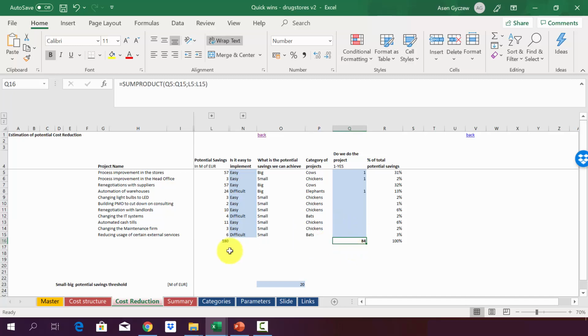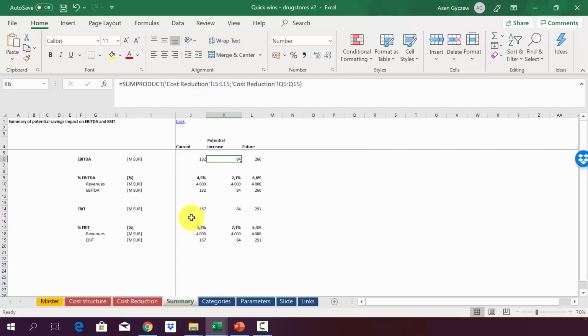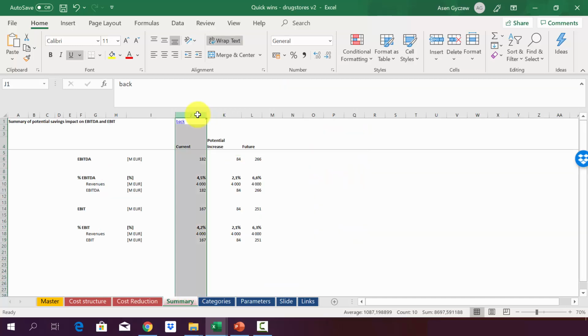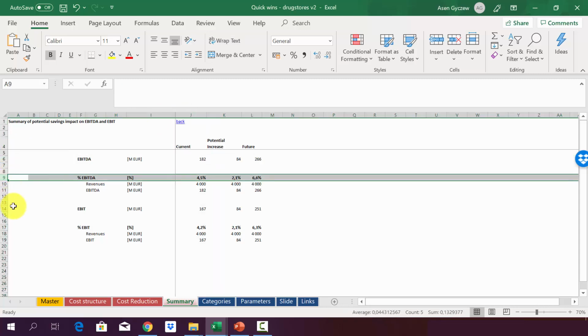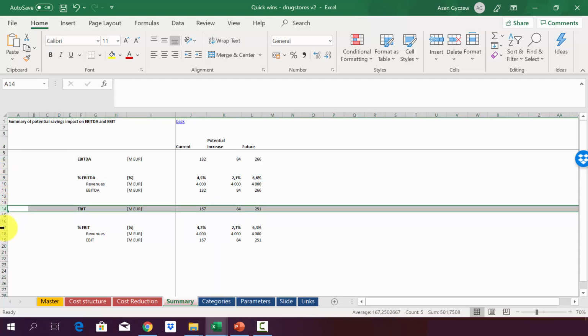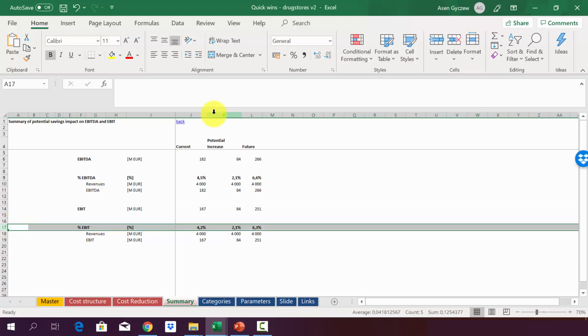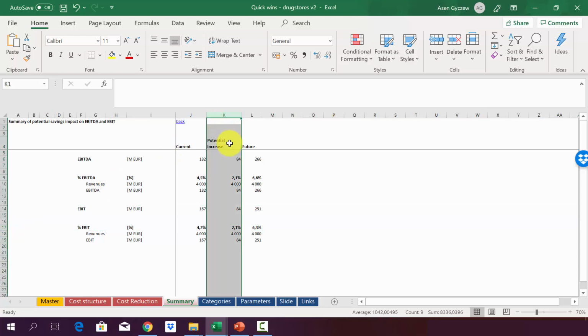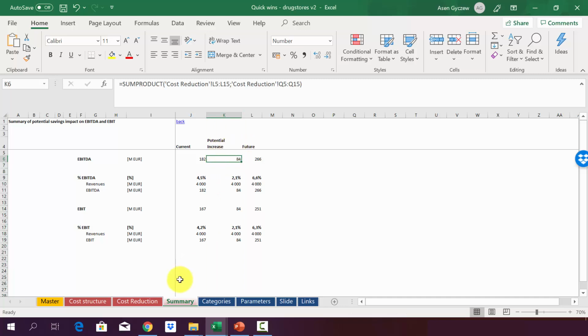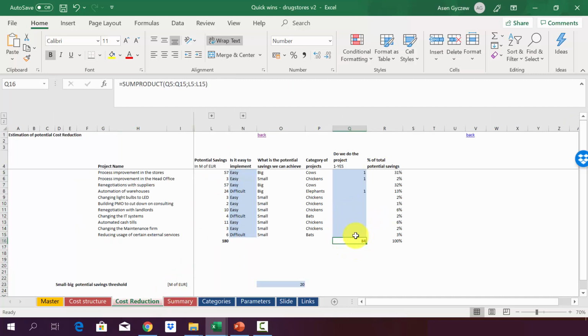And now let's have a look at what would be the impact on EBITDA, and this we have estimated in the sheet summary. In column J, we've got the current level of the values, so EBITDA, percentage EBITDA, and also EBIT, as well as EBIT expressed as a percentage of revenue. In column K, we've got the potential increase due to savings. You might remember that we said that we are able to generate 84 million if we implement those 3 projects.